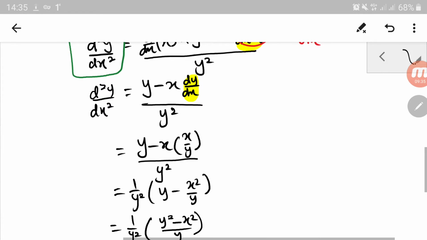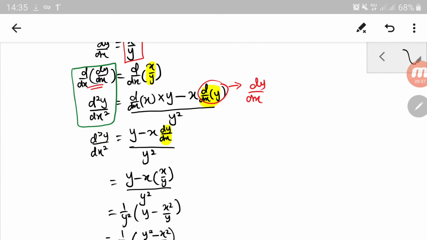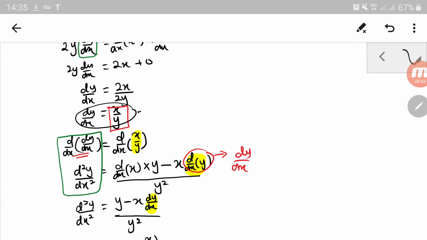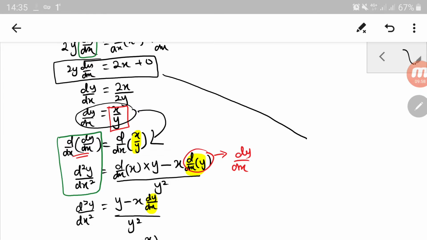Okay, so this is one way, by applying the quotient rule. But the special thing about implicit differentiation is that we can take the line before it, this one.